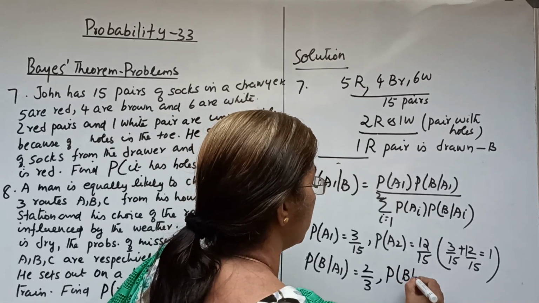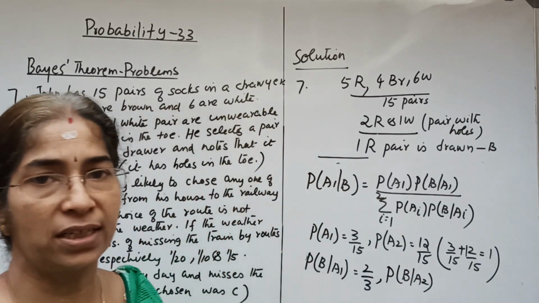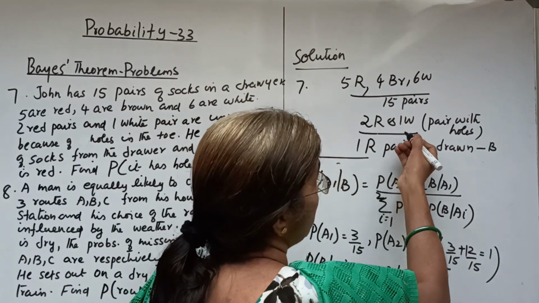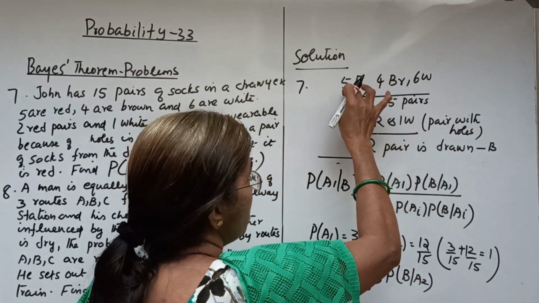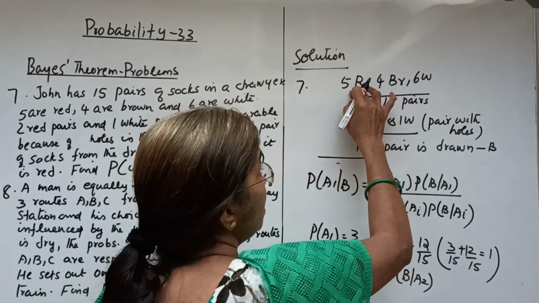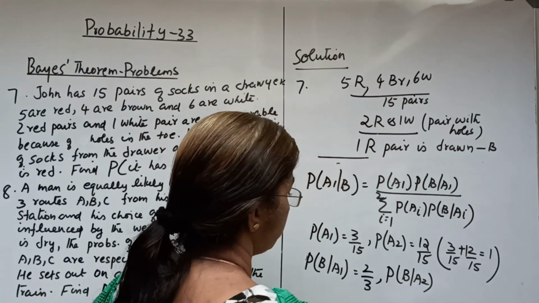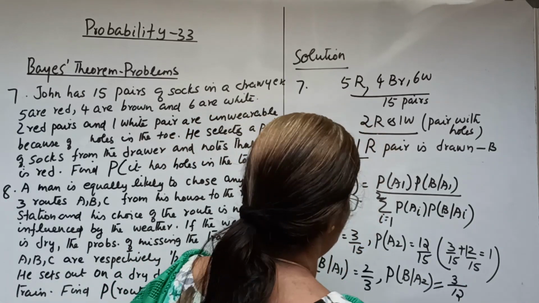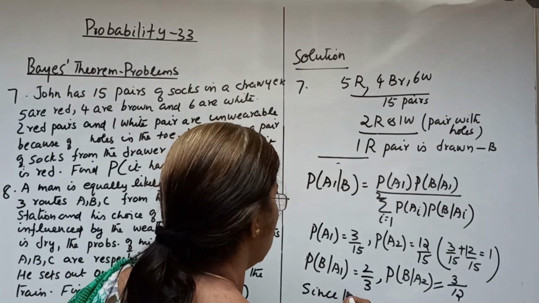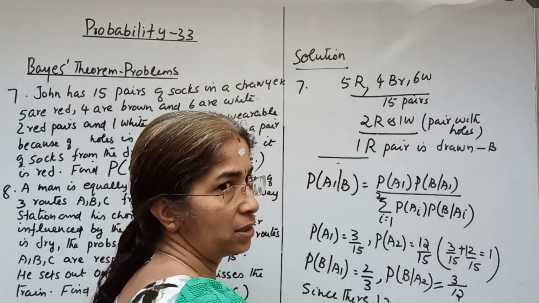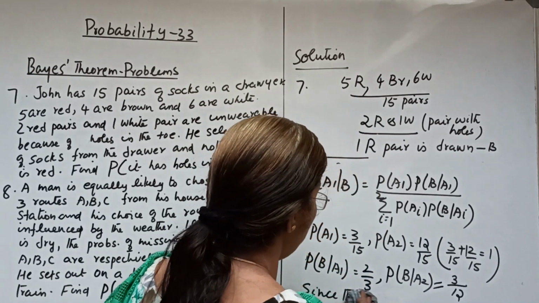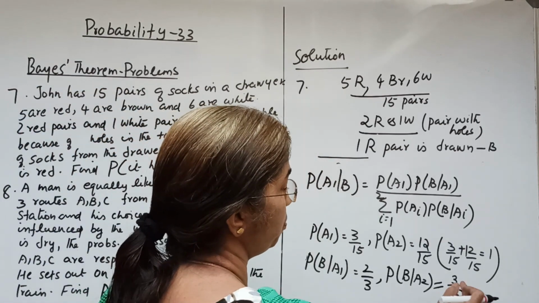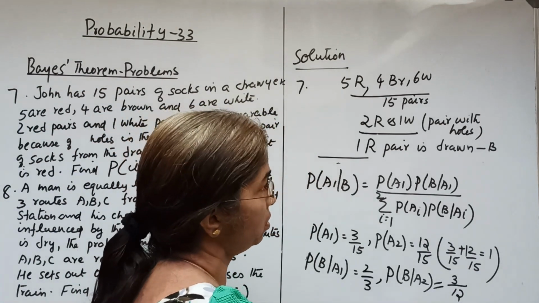And P of B given A2, what is it? Under A2, that is without holes in the toe, there are 12 pairs without holes, of which 3 are red. Okay, 3 red pairs are there without holes. So this probability becomes 3 by 12, since there are 12 pairs without holes, of which 3 are red, and hence P of B given A2 equal to 3 by 12.